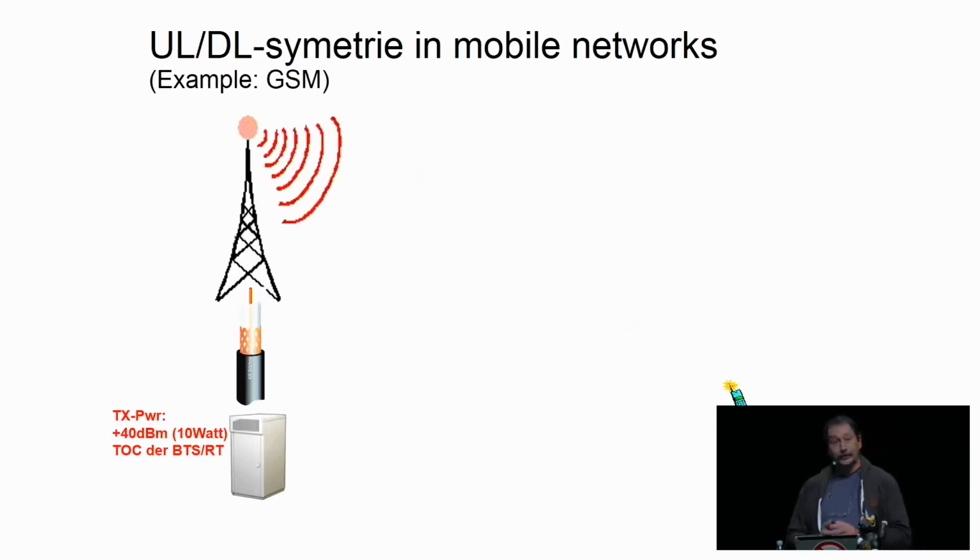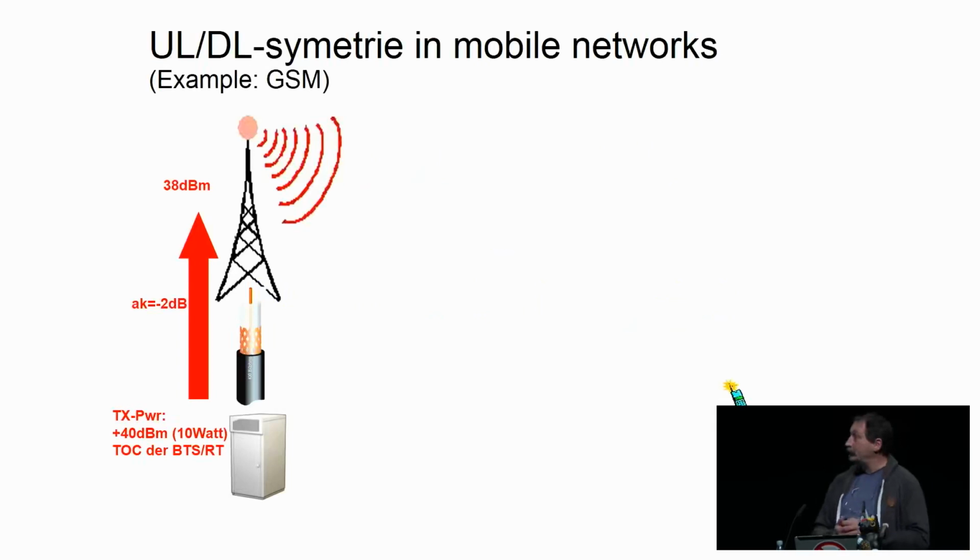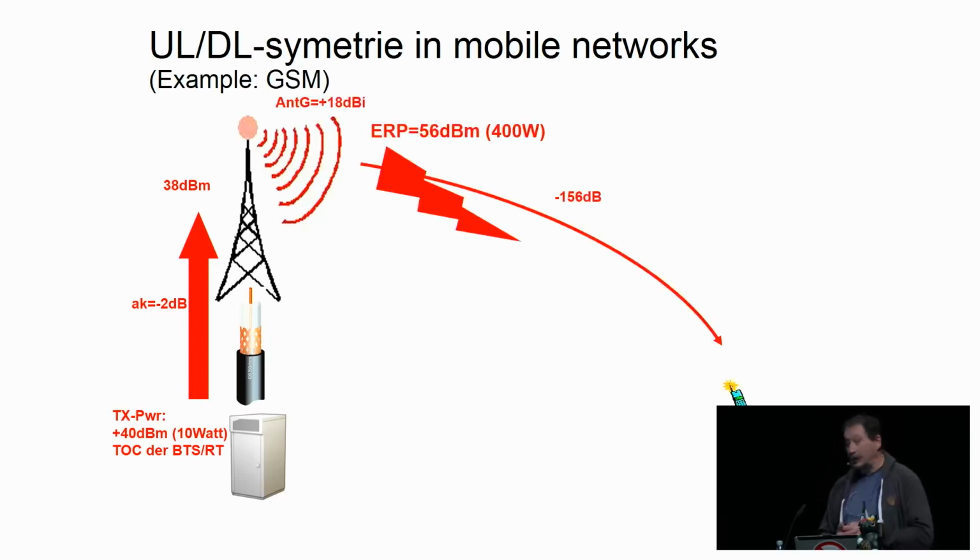We have the base station that has 10 watts at the end of the cabinet, and then there's attenuation in the wire. It depends if it's remote or if it's somewhere else. We think about 2 decibels maybe, and then we have antenna gain. The antenna gain means I have then an effective radiated power, so ERP, that is higher than the base station power.